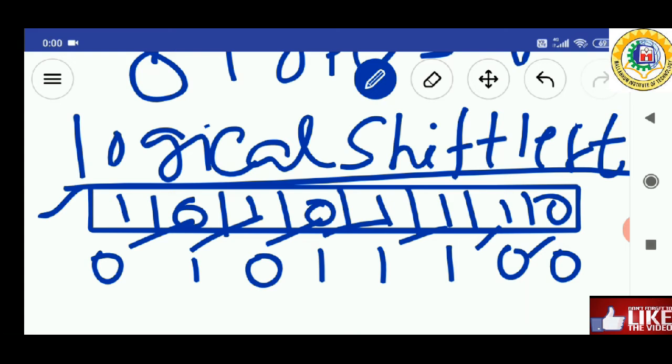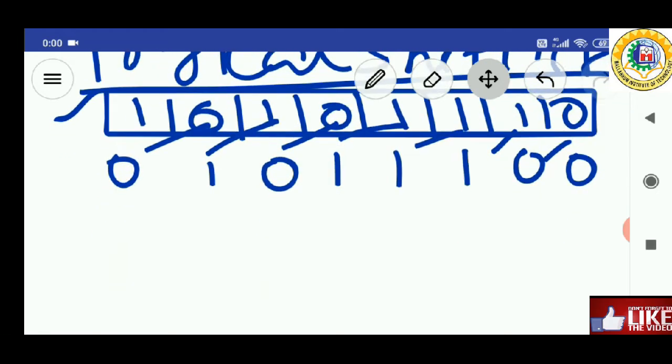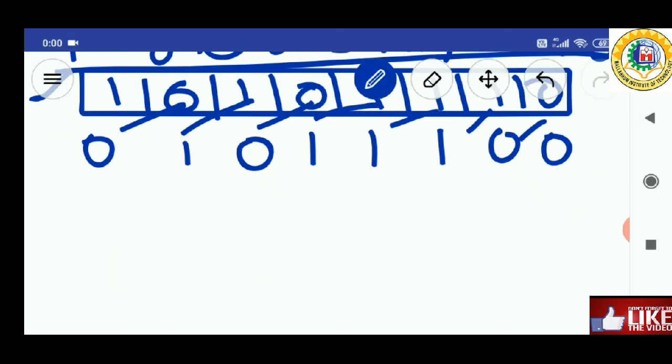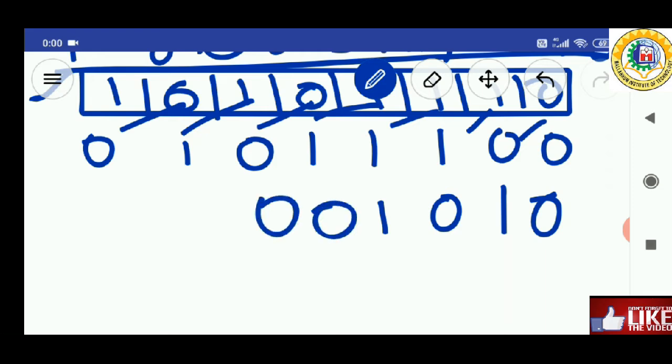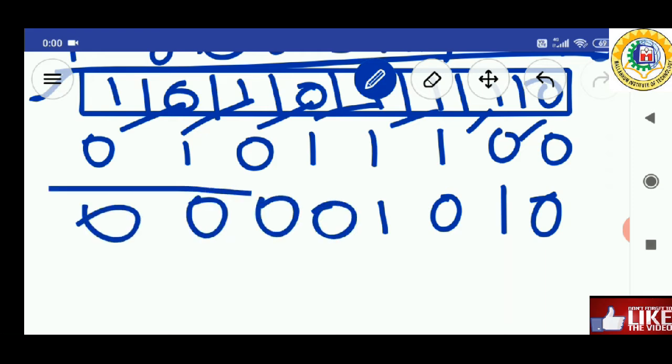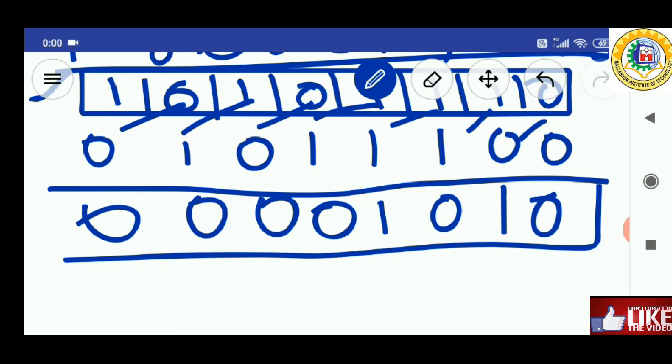Now just by seeing this data you don't realize what the meaning of that is. So I am just taking a simple example. Suppose I am taking the binary equivalent of 10, which is 1 0 1 0, as an original 8-bit data.